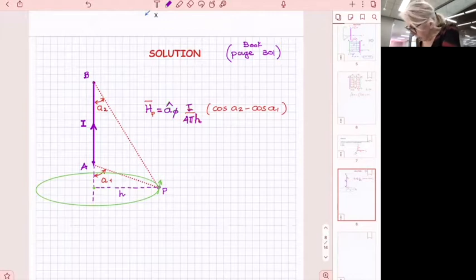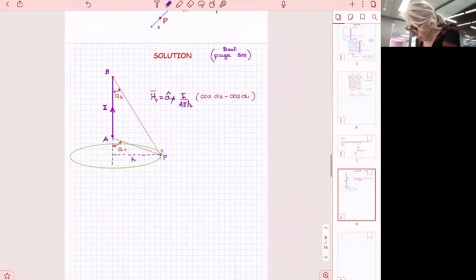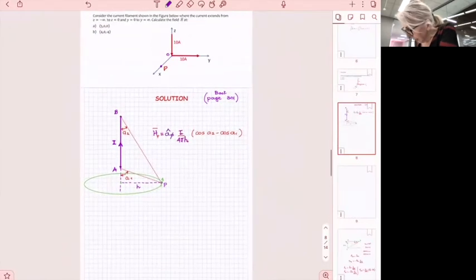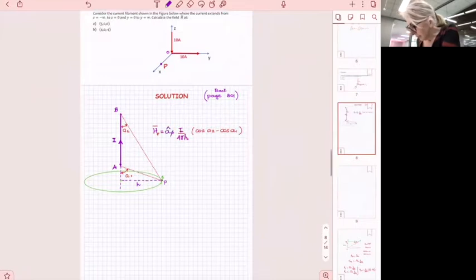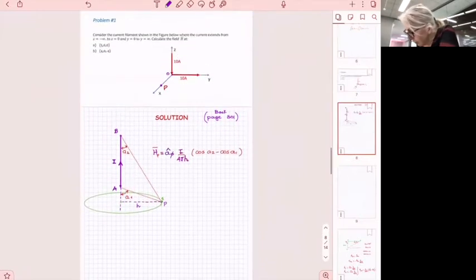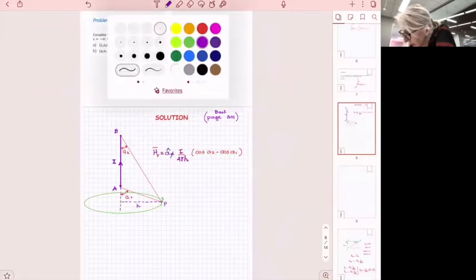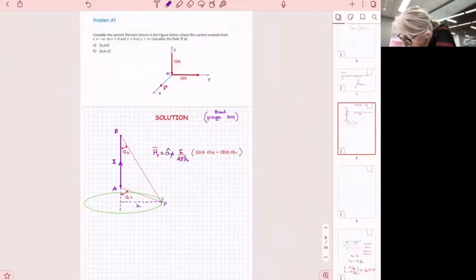All right, so this is what we have from the book, what we have seen. Now we want to apply this formula to these two currents. So here is what I do. Let's look at the current along the z direction. We call that I1, and we call this I2, and they are semi-infinite.